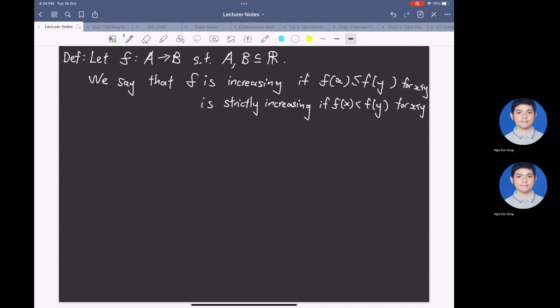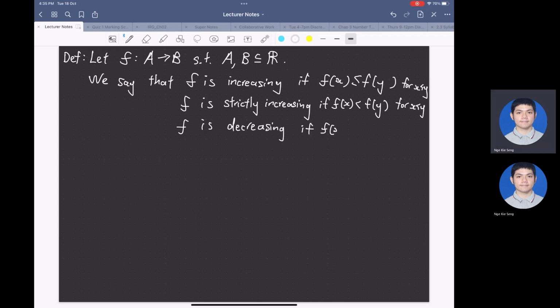Okay, and then maybe I just repeat, f is decreasing if f(x) is greater or equal to f(y) for x less than y.